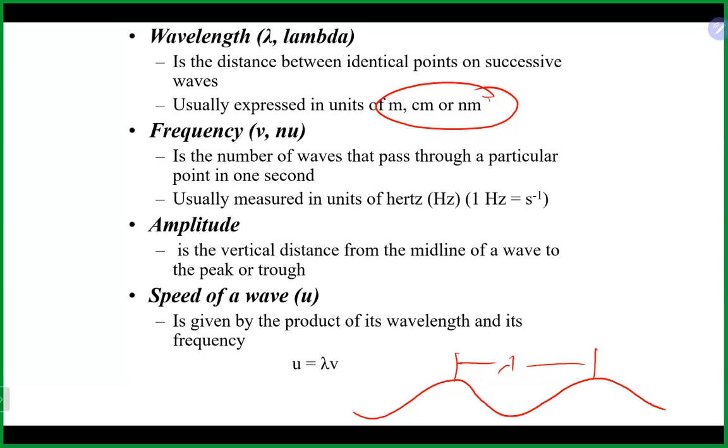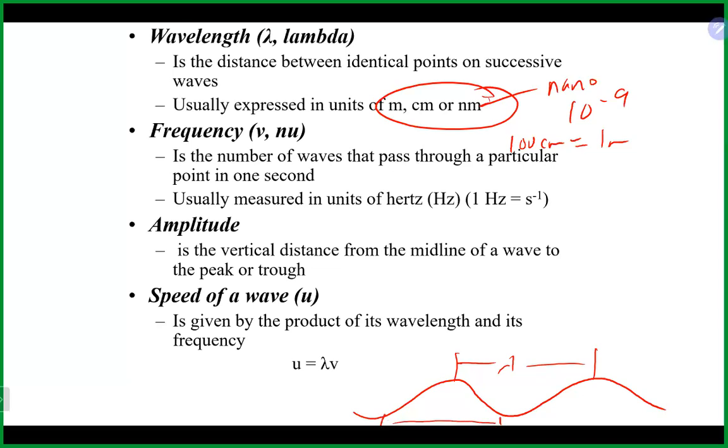Nanometers pops up a lot because that is what visible light, like colors, is usually given in, like red, orange, yellow, green, blue, indigo, and violet. A reminder that nano is 10 to the minus 9 is the conversion there. And that is a common conversion that is used. And also there are 100 centimeters in a meter. So the wavelength is the distance between peaks or troughs, which would be the guys on the bottom as well.